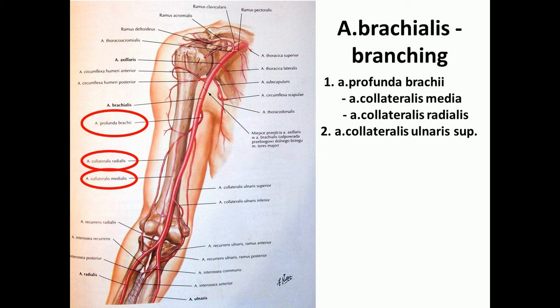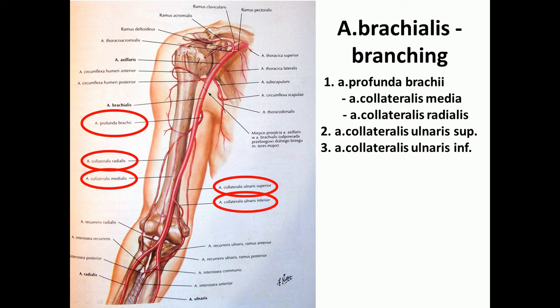And the second large branch is arteria collateralis ulnaris superior. Here it is, arteria collateralis ulnaris superior and arteria collateralis ulnaris inferior. Pay attention, please, that arteria collateralis ulnaris superior originates quite high in the middle part of the brachium, and arteria collateralis ulnaris inferior isn't long. It originates practically at the condylus humeri.